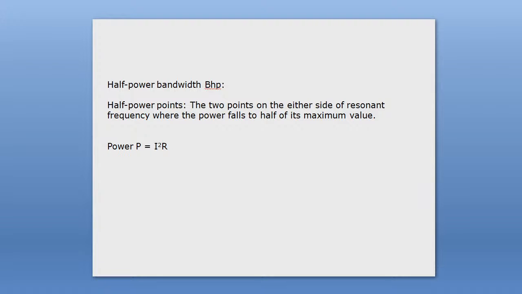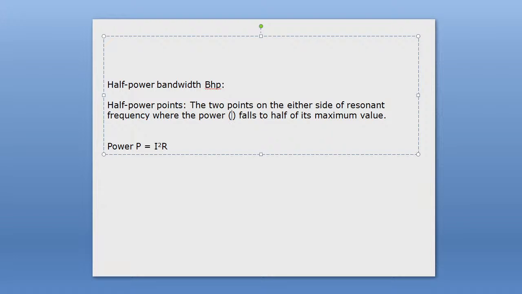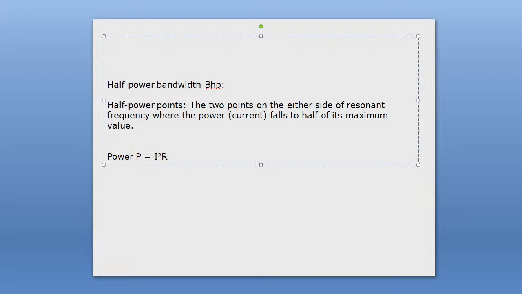You can define it on the resonance curve in terms of current: where the power or current falls to half of its maximum value. For current, you write 1 by root 2 of its maximum value.